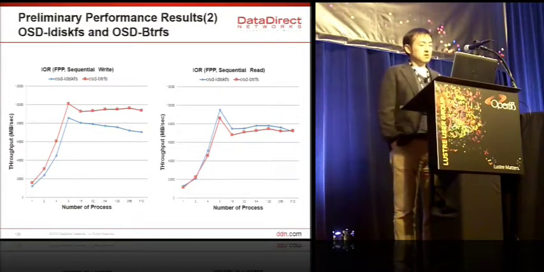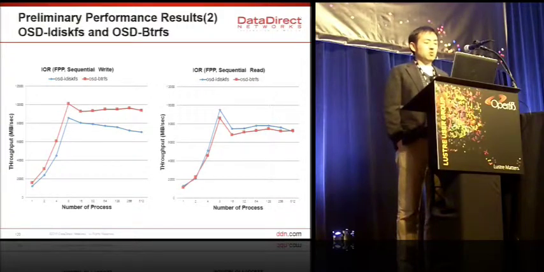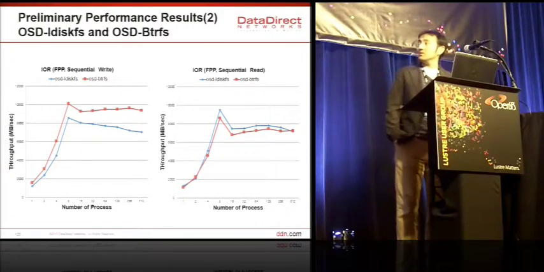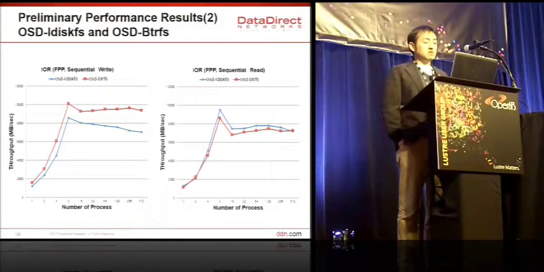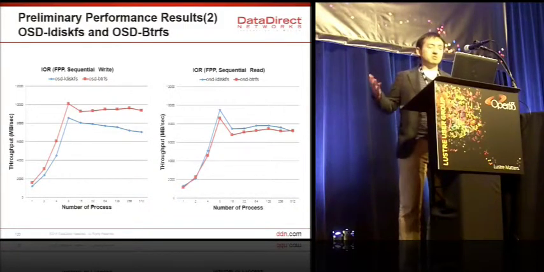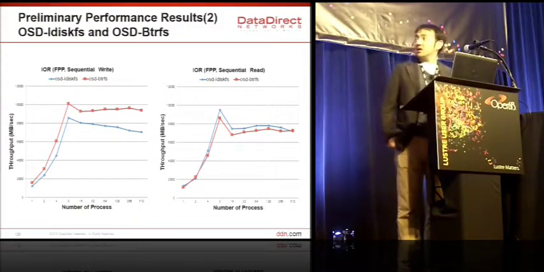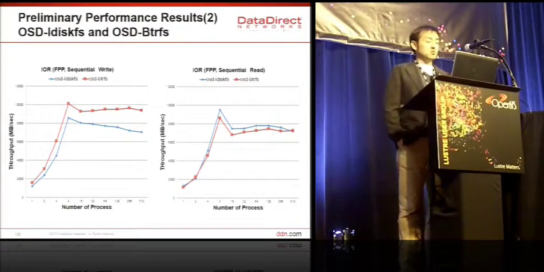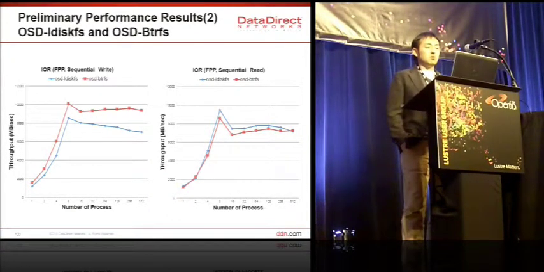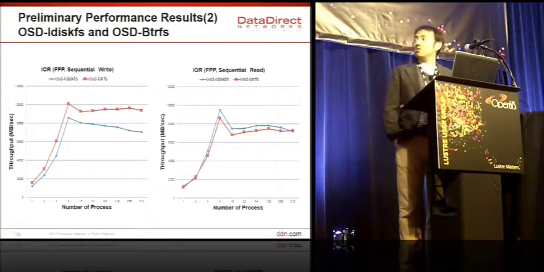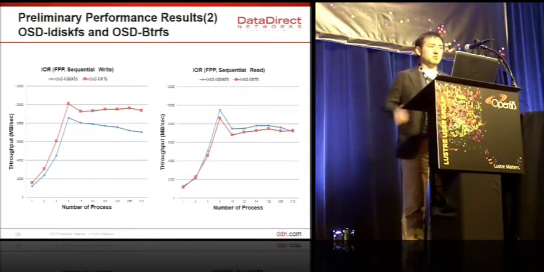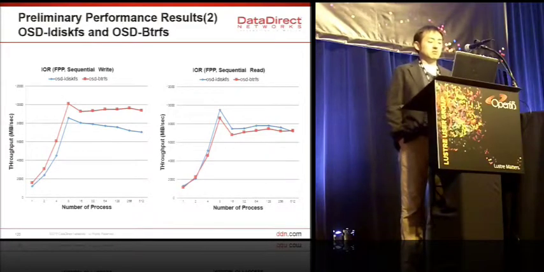As I said, write performance is always better than ldiskfs. Interestingly, when the number of processes increases, performance goes down a little bit on ldiskfs. However, Btrfs keeps the peak performance even as the number of threads increases.